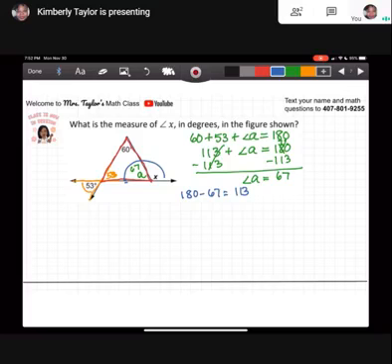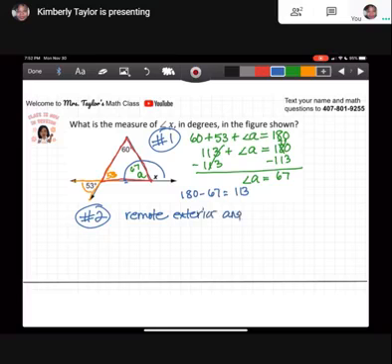Okay? But here's the other thing. That's one way to do it. So this is method one. But method two goes back to the remote exterior angles.